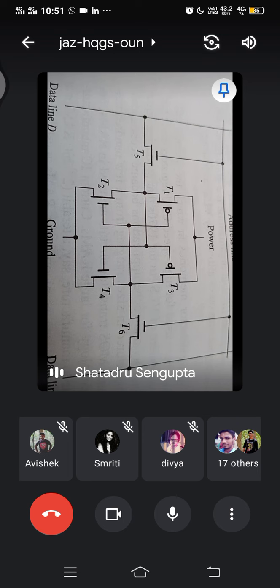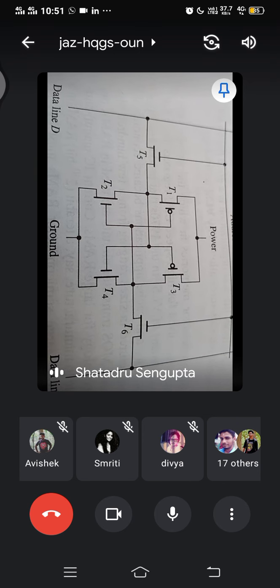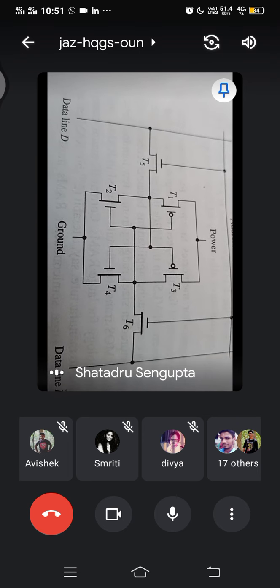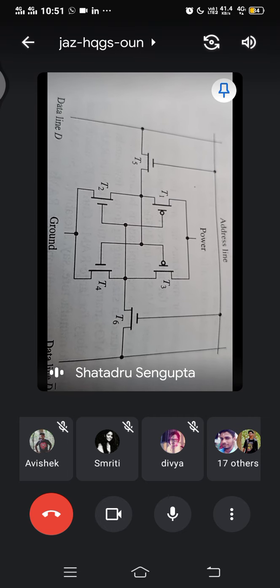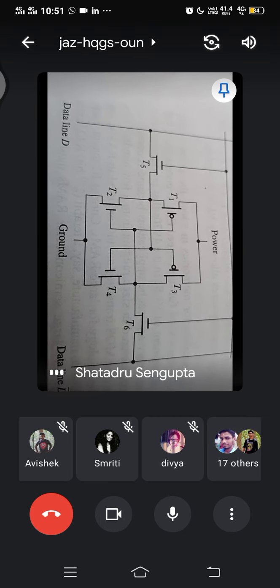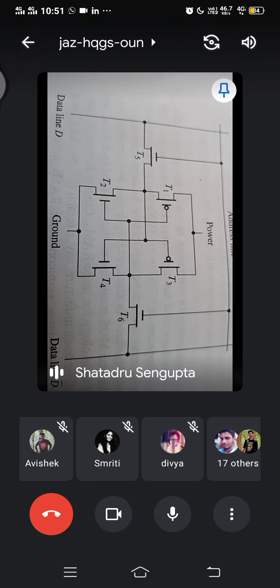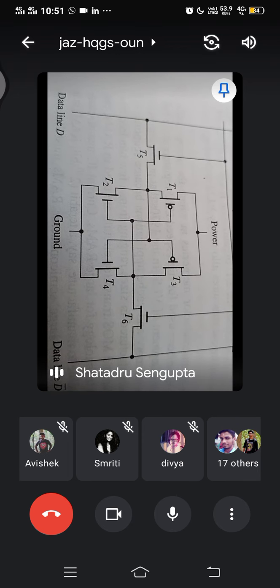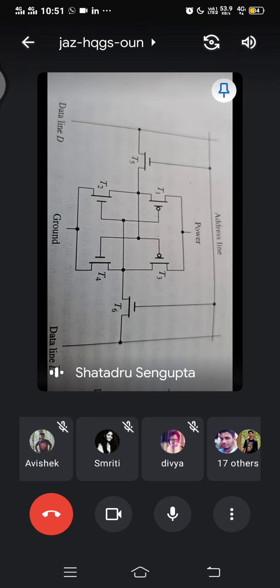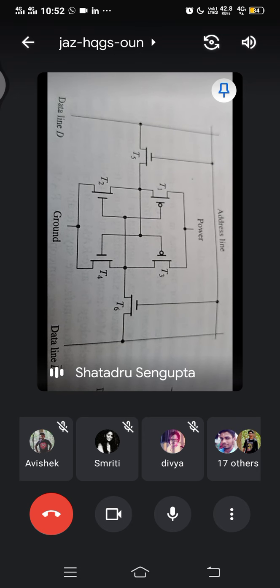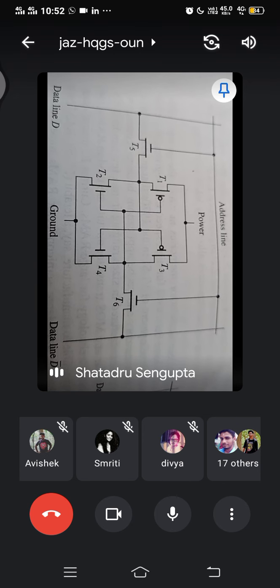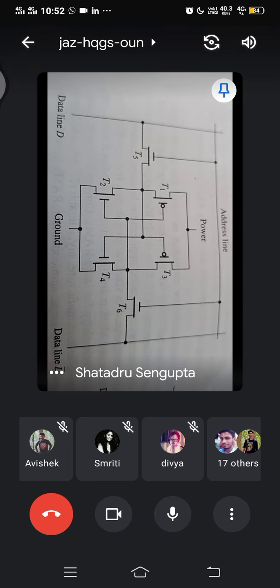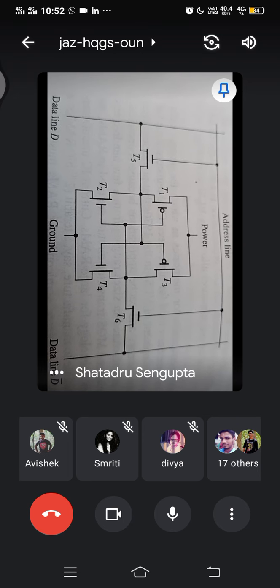Because of this complex construction and expensive build, we use a lot less SRAM. It can be used, because of the reliability, in specific systems where the data is an absolutely critical part of what we are storing and using.